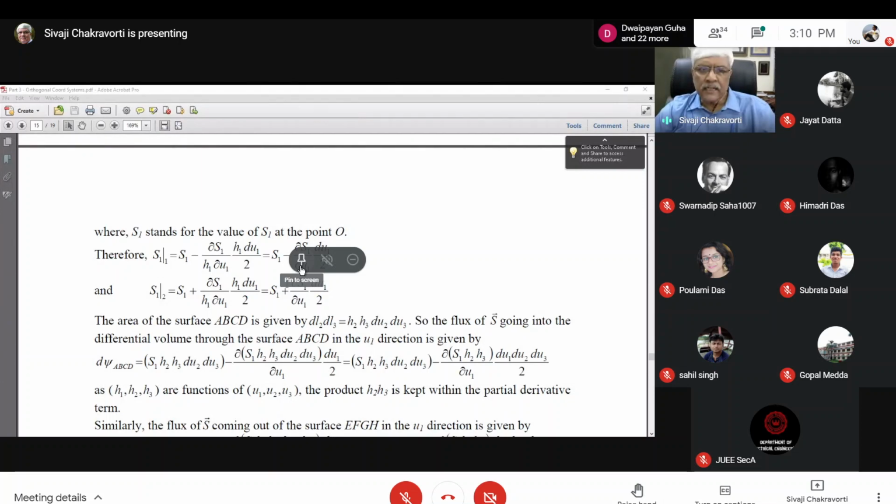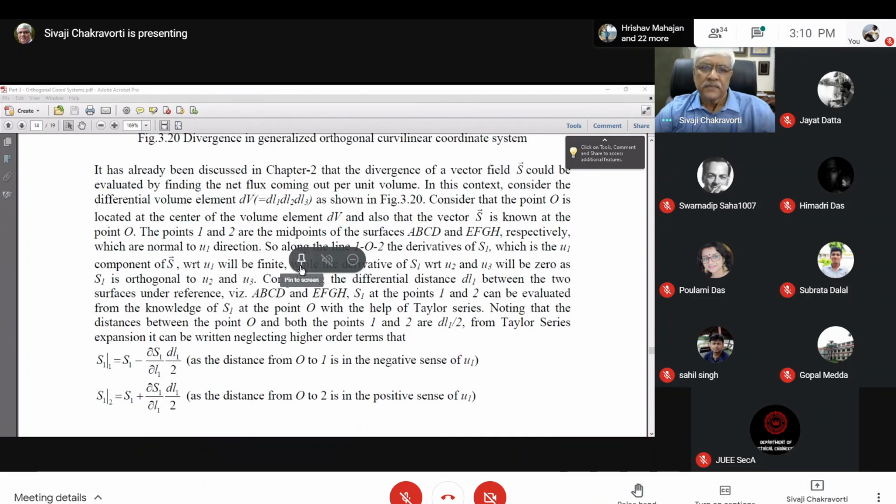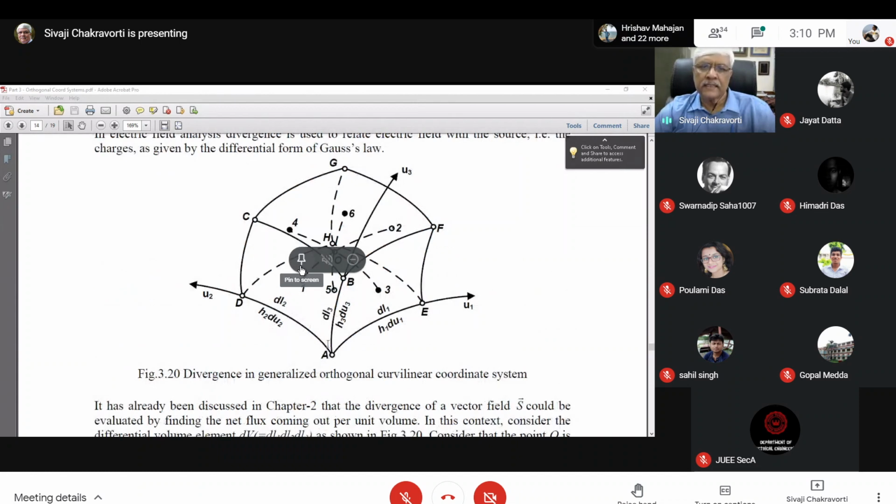The area of the surface ABCD is dl2, that means h2 du2, times h3 du3. This is the area. Then what is the flux going in? That is the flux density, the S1 component, the value of S1 at the point 1.